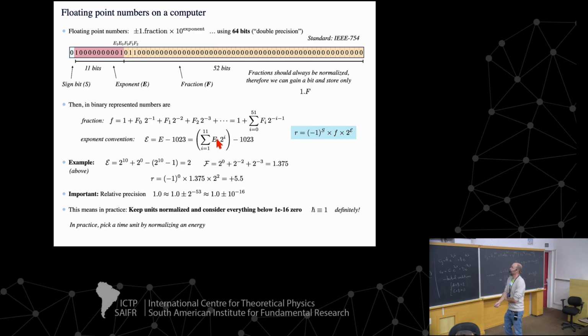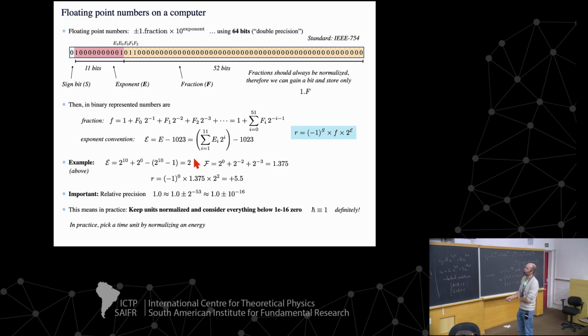The easiest way is to just show it with an example. I flipped a few bits just for fun. If I look at this exponent first, this has a 1 times 2 to the power 10 and a 1 times 2 to the power 0. So this is 1024, this is 1, and then I subtract 1023, which is 2 to the 10 minus 1.